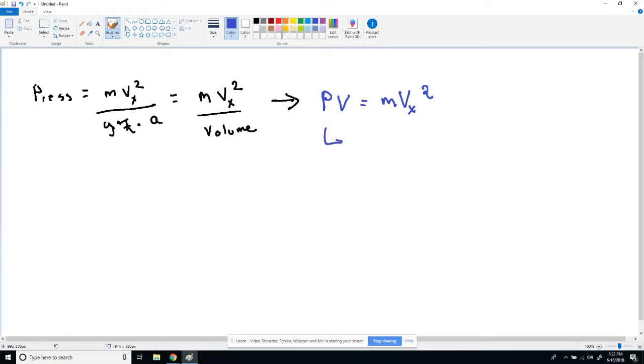So what I meant by that is we can replace this with an nRT or an NkT.